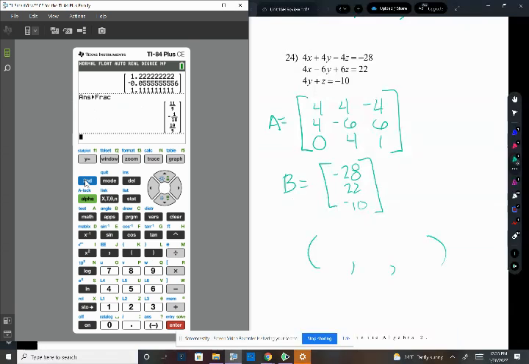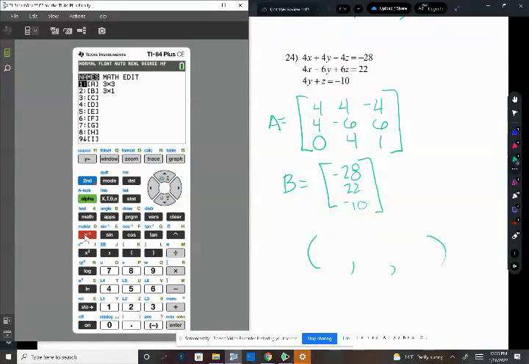All right, so when we get to here, same idea. We're still going to go second x negative 1. We're going to go over to edit. We are going to push enter, and it's a 3 by 3, so we don't need to worry about it. And then we've got our values. So we're going to have 4, 4, negative 4, and then we're going to have 4, negative 6, 6, and then 0, 4, 1, and that's our matrix.